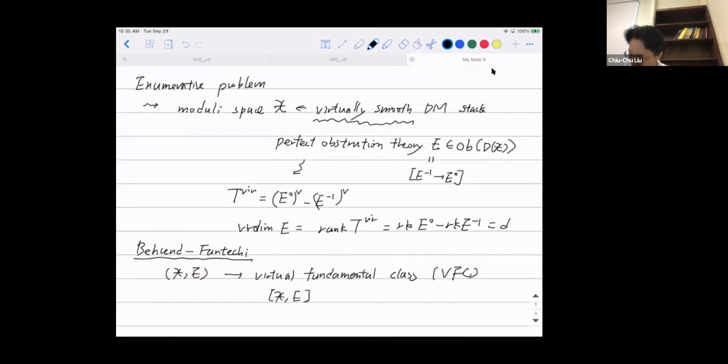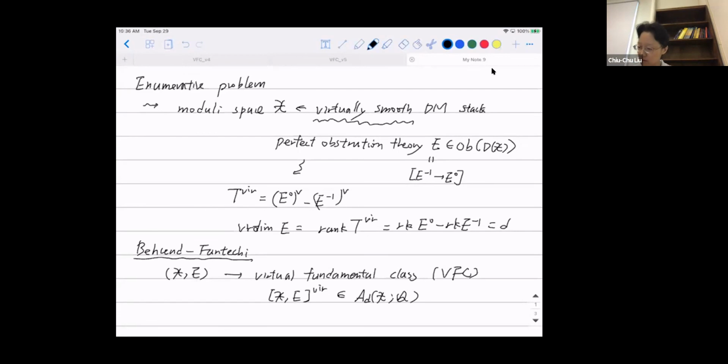It depends both on this Deligne-Mumford stack and the perfect obstruction theory. It is an element in the Chow group of this virtual dimension. Because it's a stack, we use rational coefficients.